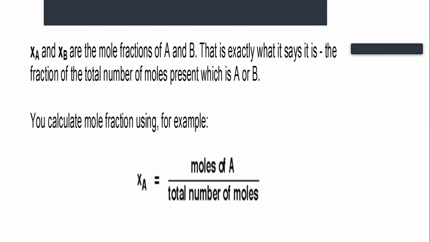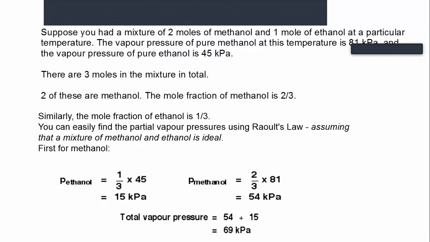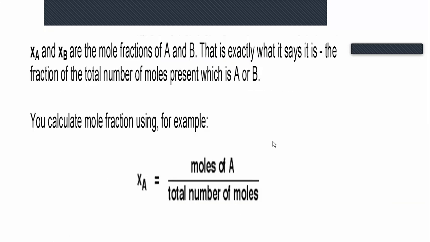So we want to look at how to calculate the mole fractions for the respective pure liquids. To calculate the mole fraction for component A, it's going to be moles of A over the total number of moles.